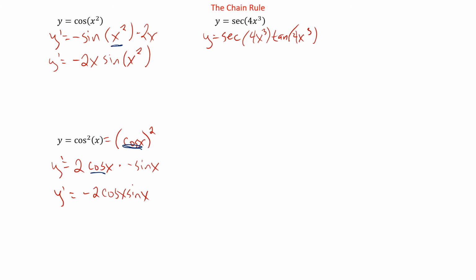And then times the derivative of the something. That'll be 3 times 4 is 12x squared. So I'd move that 12x squared to the front. So y prime equals 12x squared times secant of 4x cubed tangent of 4x cubed.